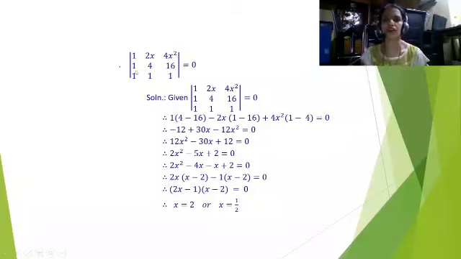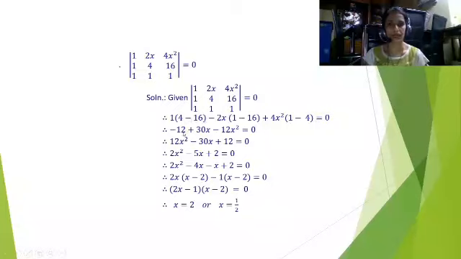Here we are having 1, 2x and 4x² in the first row. So it is looking a little difficult, but if you expand it properly, it is not that difficult. So first row expansion: 1 into 4 minus 16. Then second element minus 2x into 1 minus 16, plus 4x² into 1 minus 4 is equal to 0.